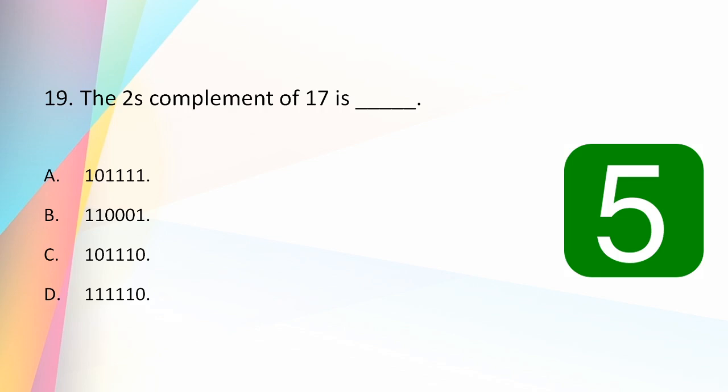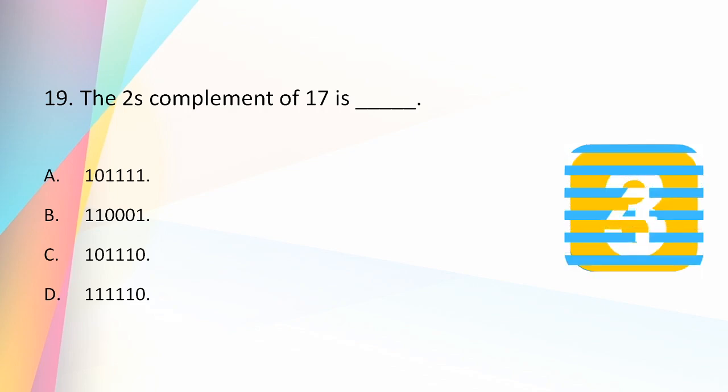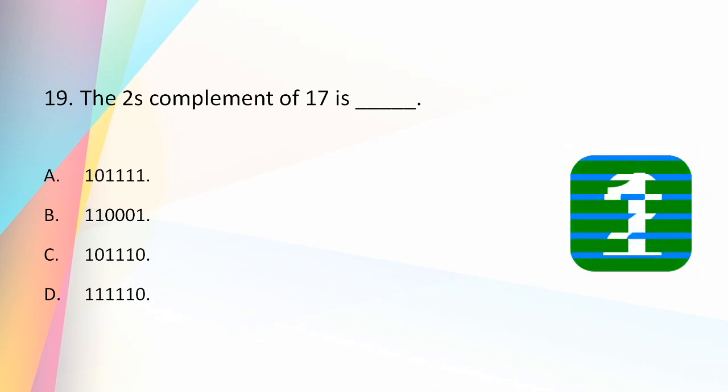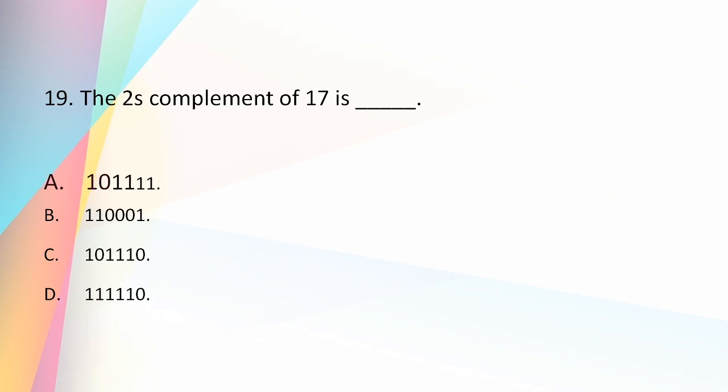The 2's complement of 17 is 101111, 110001, 10110, 11110, and here you go. And the answer is 101111. So here you have to calculate 2's complement of 17.